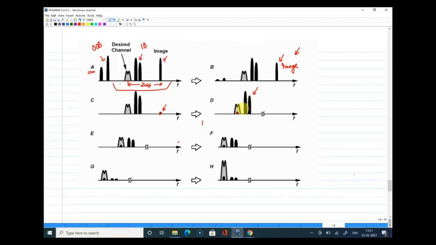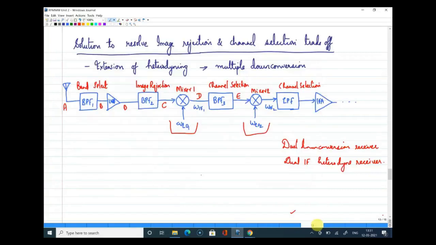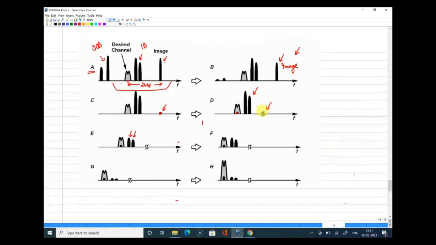After filtering, it has come down to a lower frequency, and still there are interferers, since we have kept omega IF large, and the channel select filter is not a perfect ideal filter. So the interference close by cannot be rejected completely, and this shows that the frequency is actually reduced because D is at the output of the mixer. So this symbol shows that the frequency has come down to the lower side.